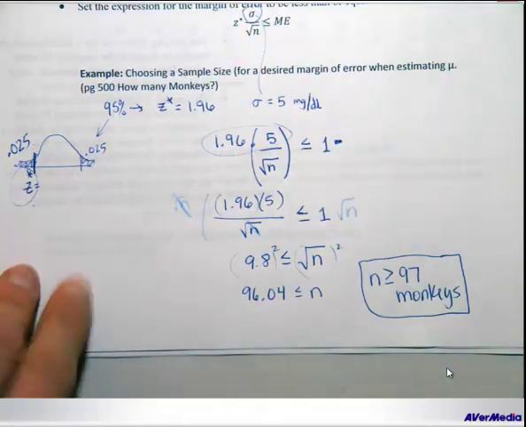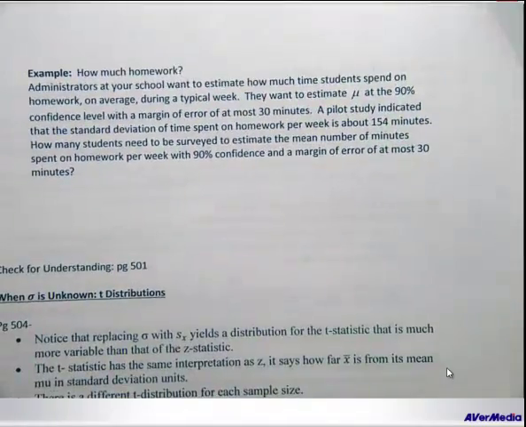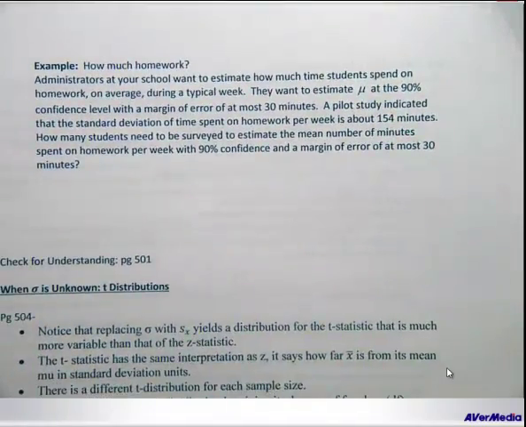Okay. So what we're going to do on the next page is do another one kind of similar just to see if you can pull out the correct information. So it says example, but I'd like you to try this problem with homework. I'll read it for you. It says administrators at your school want to estimate how much time students spend on homework on average during a typical week. They want to estimate mu at the 90% confidence level with a margin of error of at most 30 minutes.